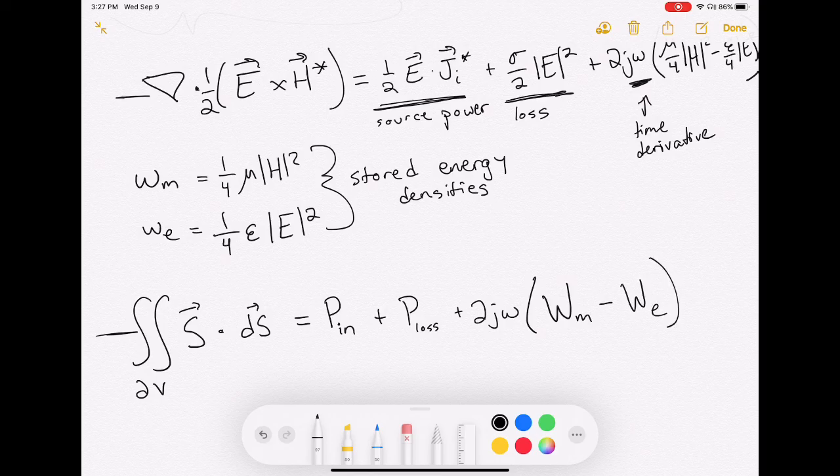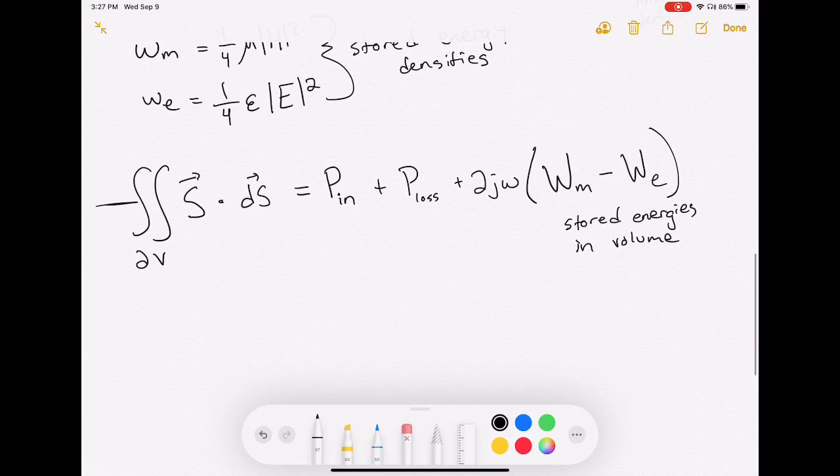So those are the total stored energies in the volume. So that's the thing. We've got source power, we've got loss power, we've got energy that is either entering or leaving storage in the electric and magnetic fields within the volume.